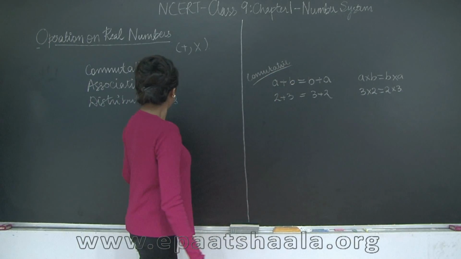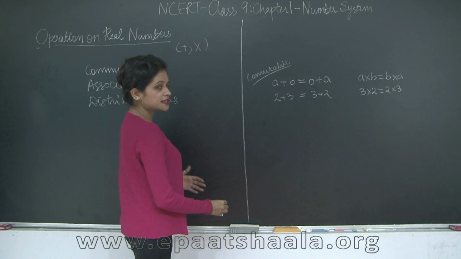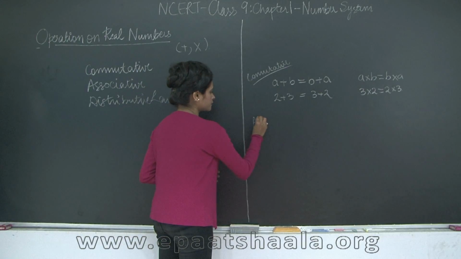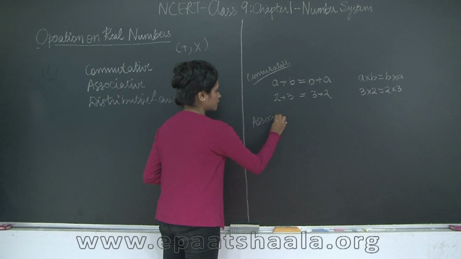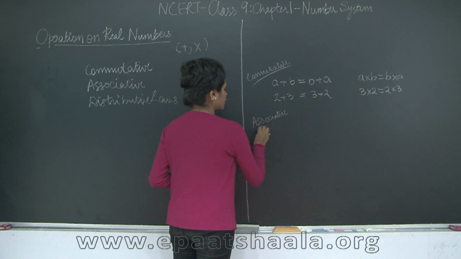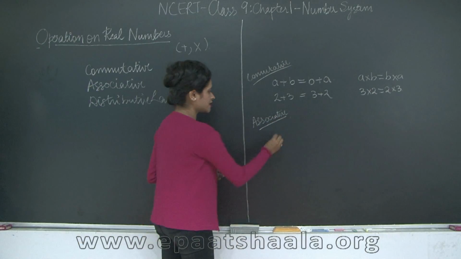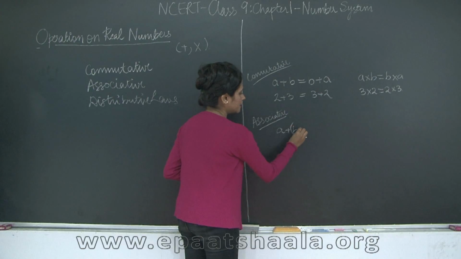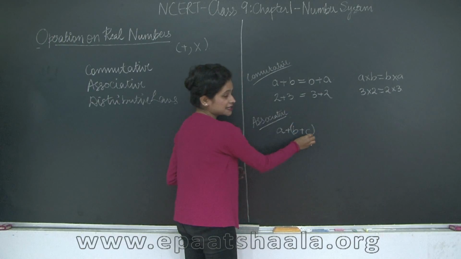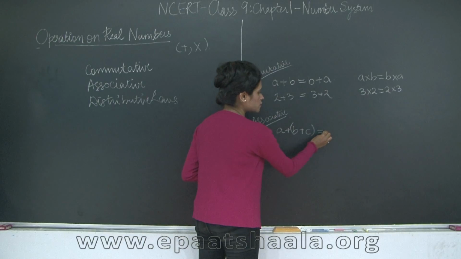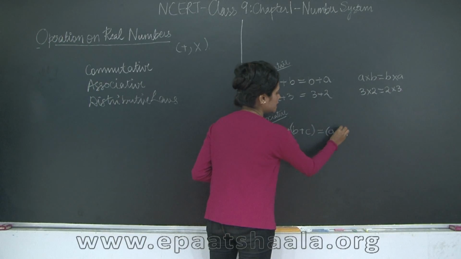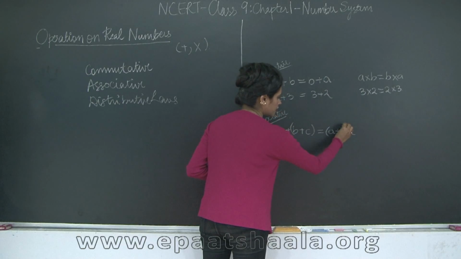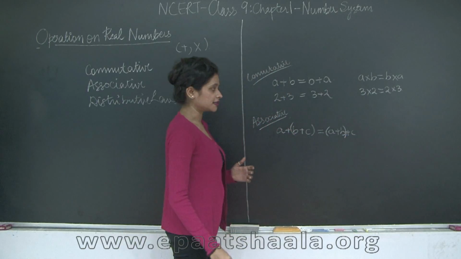Right? How about associative law? So, associative law suggests if I have a plus b plus c, where b and c are in brackets, this is also equal to a plus b plus c, with a plus b in brackets.